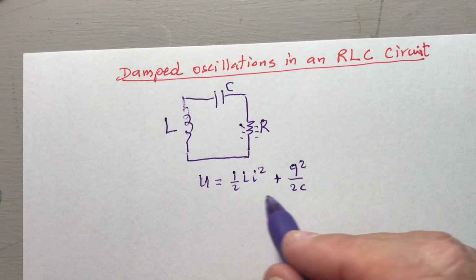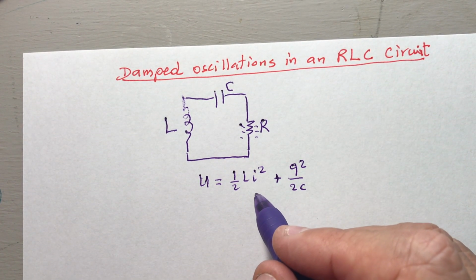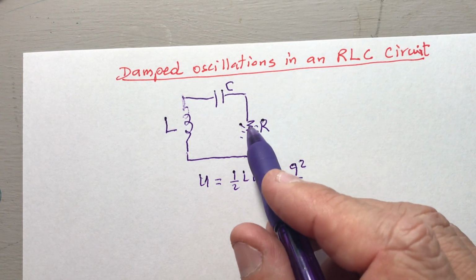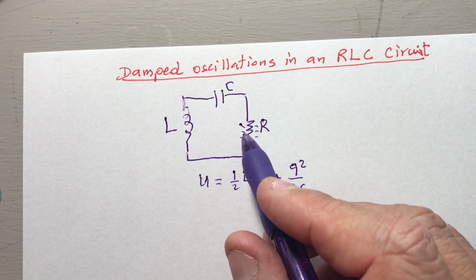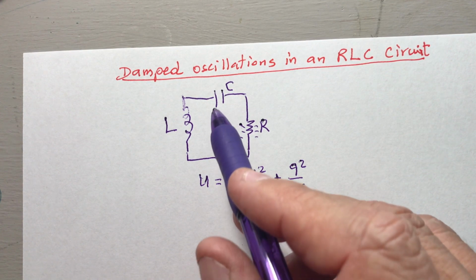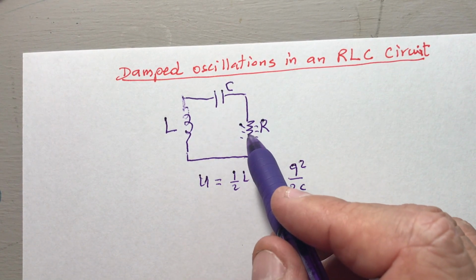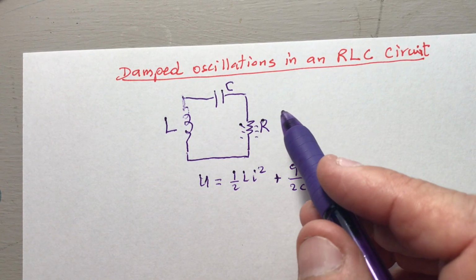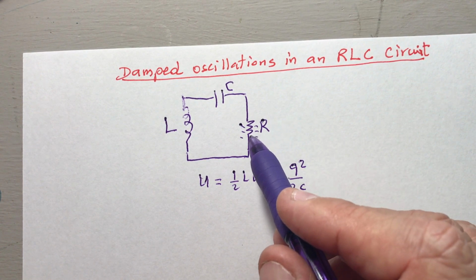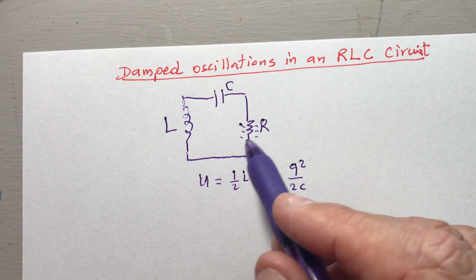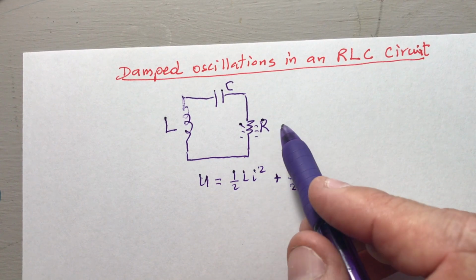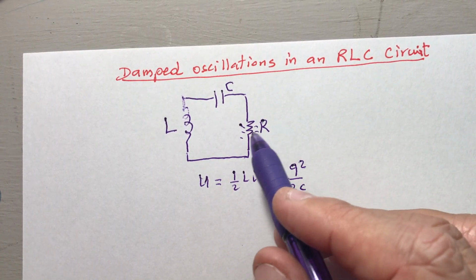Now, this change of energy is going to show up in the resistor, because this energy is given to the resistor, and it comes out of the resistor as energy per unit time, in the form of heat and radiation.